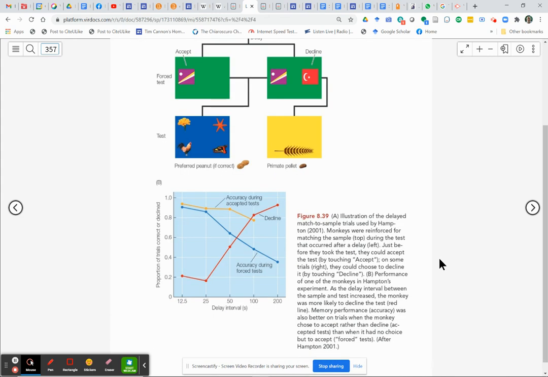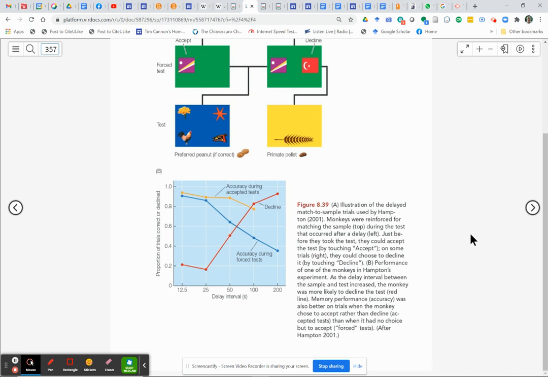If you accept, your accuracy is good, and when you decline, it's not so good. So they seem to know when they have a good grasp over whether things are going to go well. And the longer the delay interval, the harder it is to hold things in memory, and the more likely you are to decline the trial.